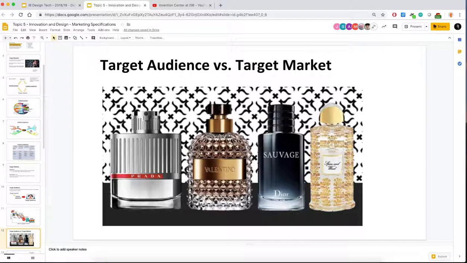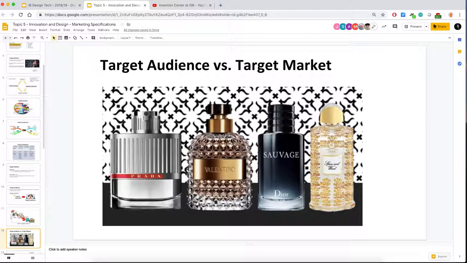Another example is men's cologne. I look at this image, and the first thing I see is it actually looks more feminine in some way, with the sparkly lights and colors. So another example could be that even though it's men's cologne, the audience could be females who want to buy it for a man.